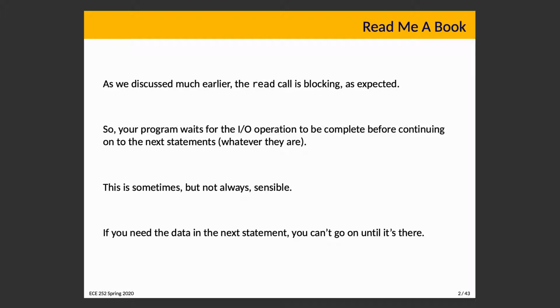So your program waits for the I/O operation to be complete before continuing on to the next statement. And this is sometimes, but not always, necessary or sensible. If you need the data in the next statement, then obviously you can't just proceed, because you need the data to be there. So we read some data into the buffer, and now we're going to do something with that buffer. We need that.